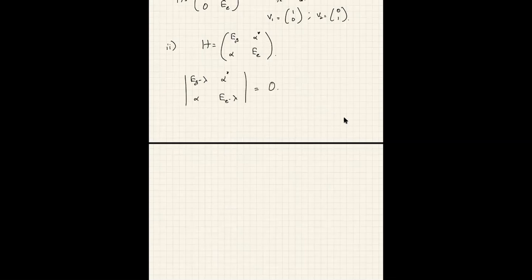So this gives me EG minus lambda times EE minus lambda, minus this entry times this entry, which is alpha times alpha star, which is mod alpha square, equal to 0. So this is a quadratic equation in lambda, which I can solve.